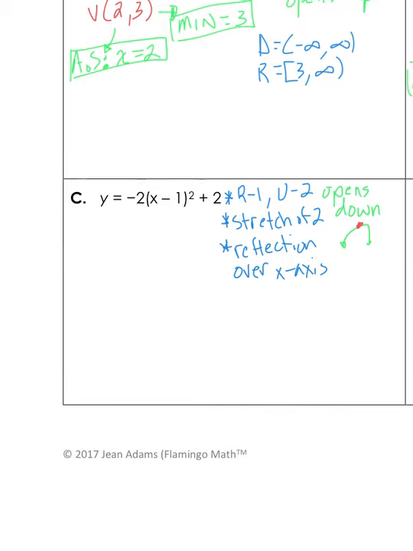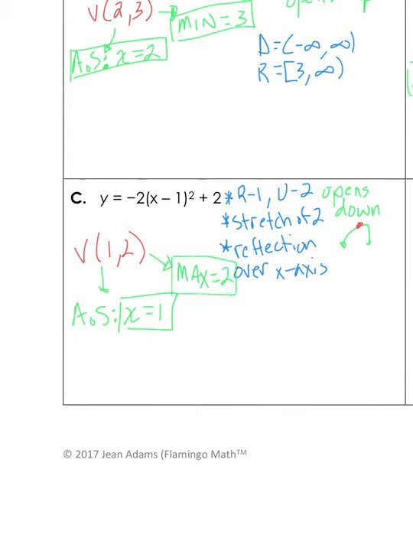Now the vertex is +1, +2. Opposite, same. From that vertex, I get the axis of symmetry. X equals 1. And because I have a maximum, because this is at the top, I have a maximum value of 2.